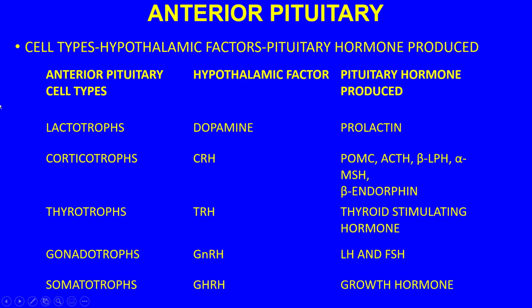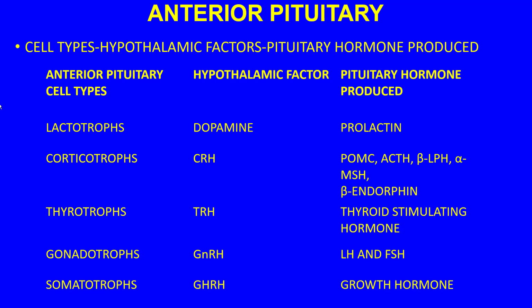Now, when we look at cell types, what we're going to do is compare the hypothalamic factors and the pituitary hormone produced. We have basically 5 major pituitary cell types: lactotrophs, corticotrophs, thyrotrophs, gonadotrophs, and somatotrophs.